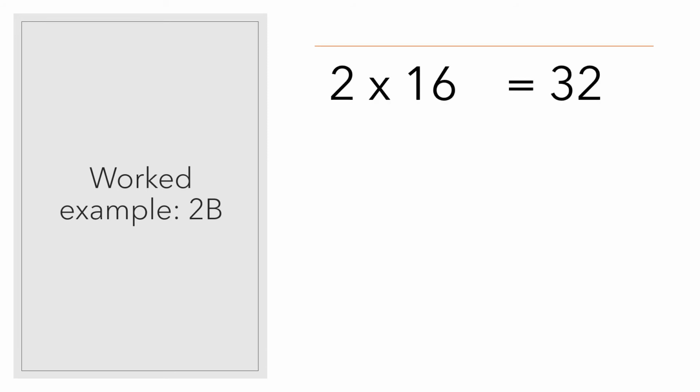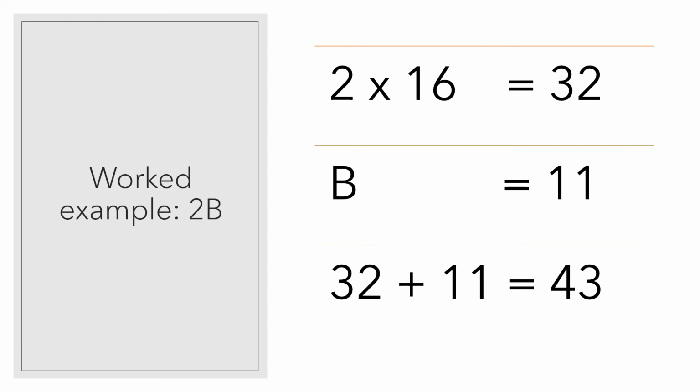Or the number 2B. We multiply 2 by 16 to give 32. B is equivalent to 11. Add those together and the value is 43. So 2B in hexadecimal is the same as 43 in decimal. And one final example, AE.